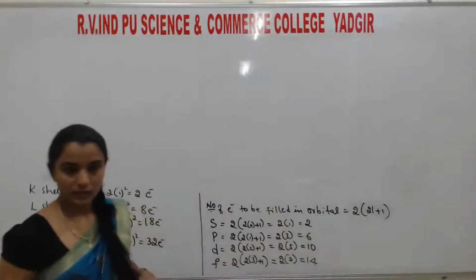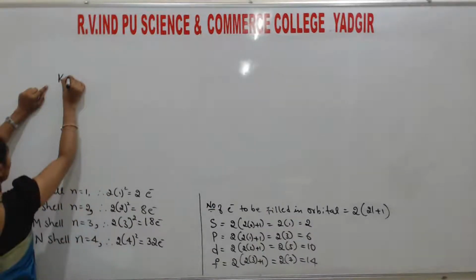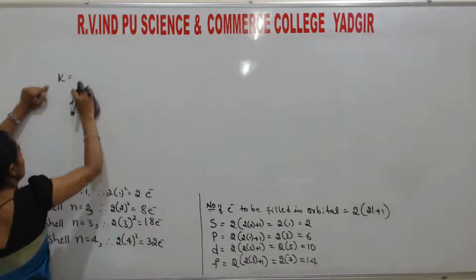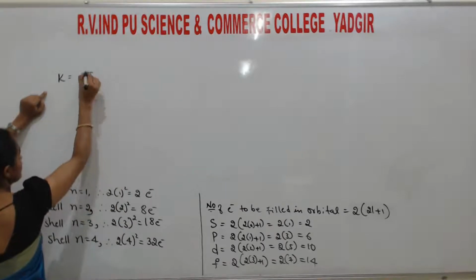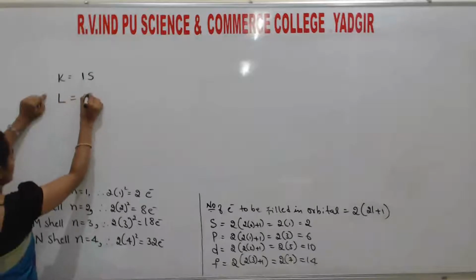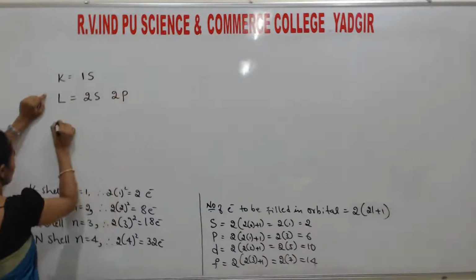So students, listen here. K shell means one s orbital. Okay, L shell means 2s 2p orbital.